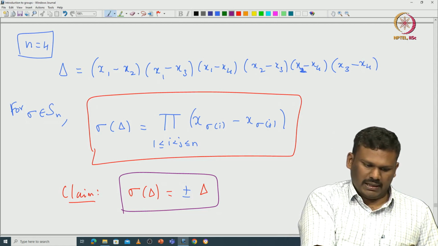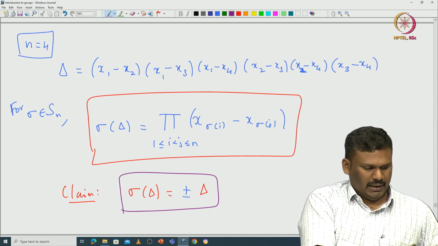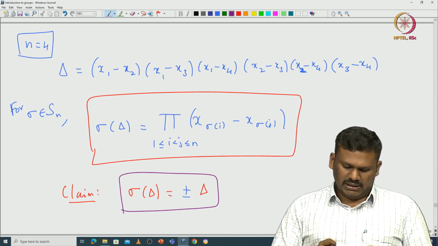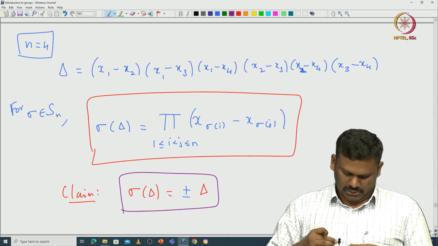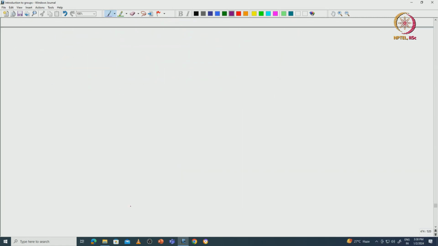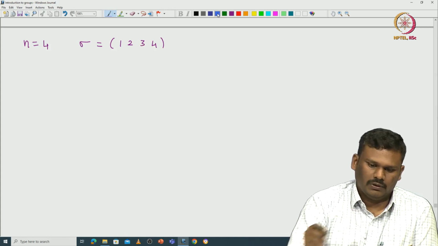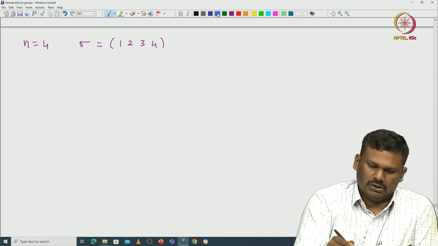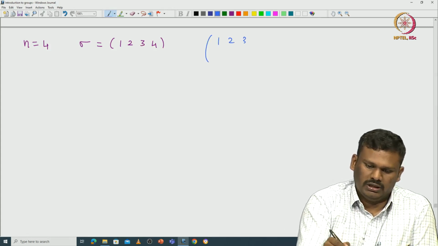So when you take again n equal to 4 and apply, for example, this cyclic permutation 1, 2, 3, 4, let us see what we can get. Take n equal to 4 and sigma to be the cyclic permutation 1, 2, 3, 4.